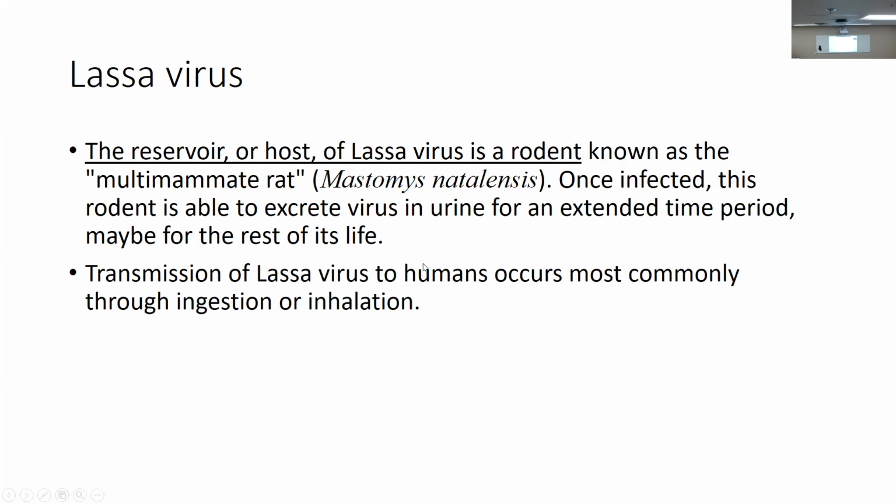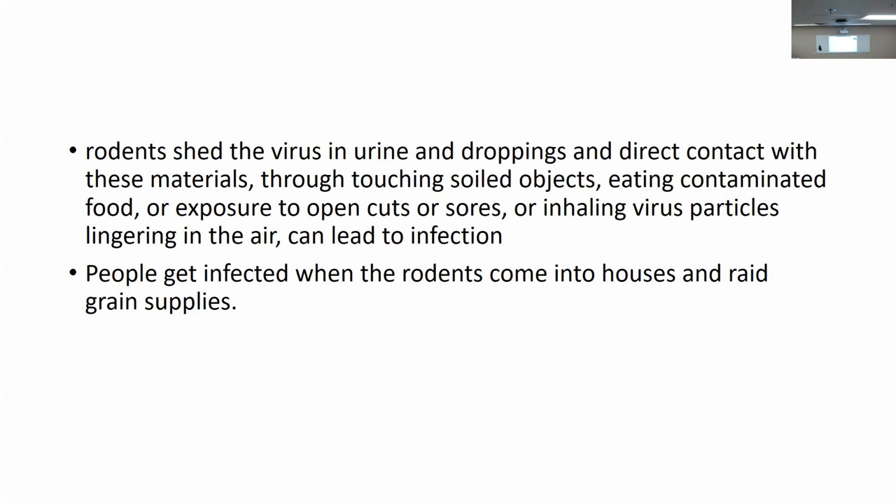If the rat urinates on your food or in your water, or on something that gets ingested or inhaled, you end up with Lassa. Droppings, direct contact through touching the rat, eating contaminated food, exposure to open cuts and sores, and inhalation of virus particles lingering in the air. People get infected when the rodent comes into the house and raids their grain supply.